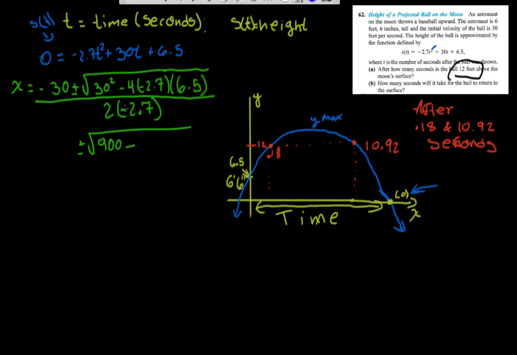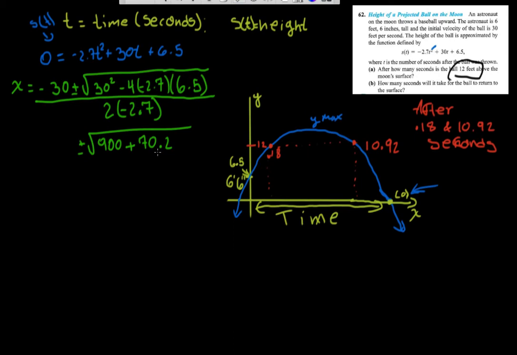Minus, but it's actually positive this time, because negative times negative is positive, and positive times positive is positive. So 4 times 2.7 is going to be 10.8, and times 6.5 is going to be 70.2.